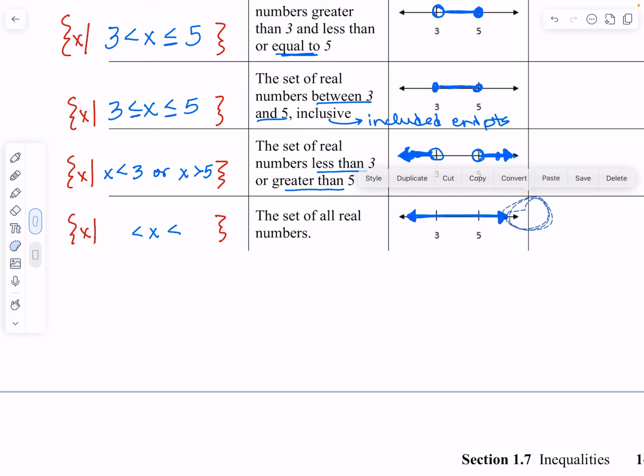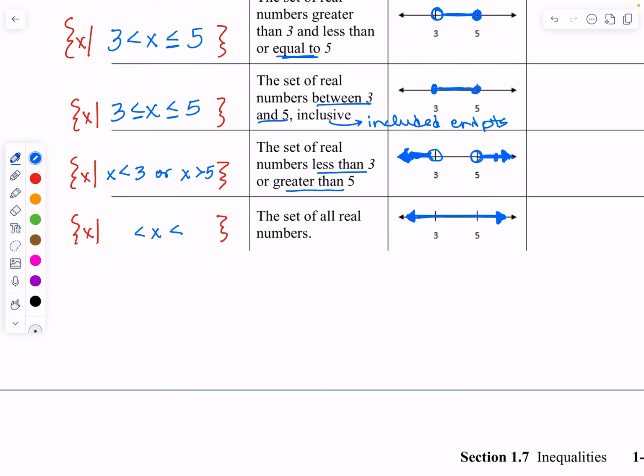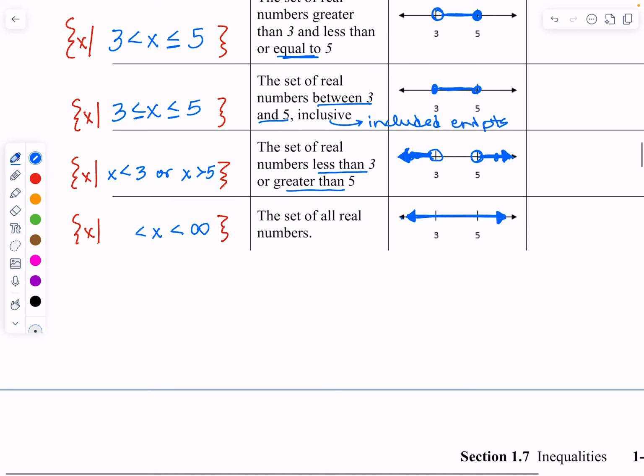So how do we say as far to the right? In other words, we keep shading forever. What is the biggest number we could get to to the right? We're just going to call it infinity. And then same thing, infinity to the left, but that's a separate, different infinity. That's a negative infinity.